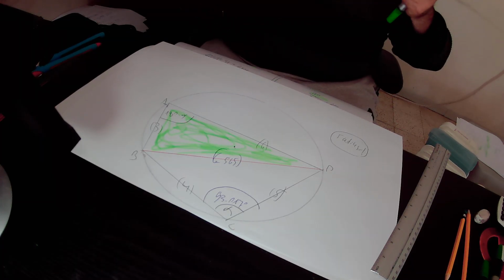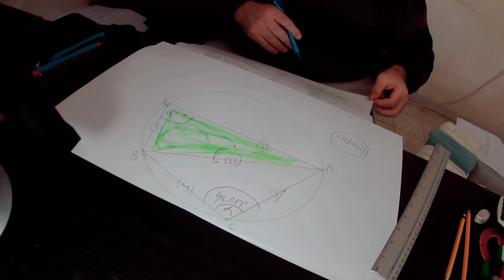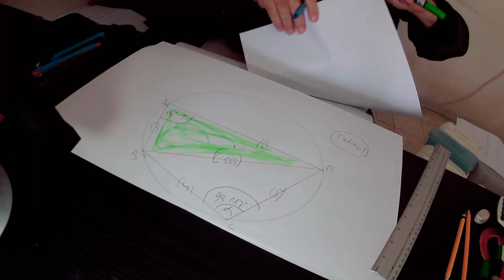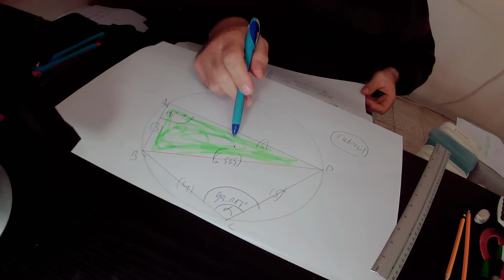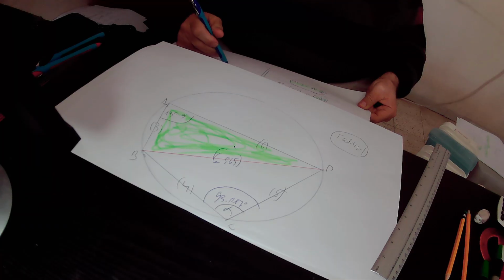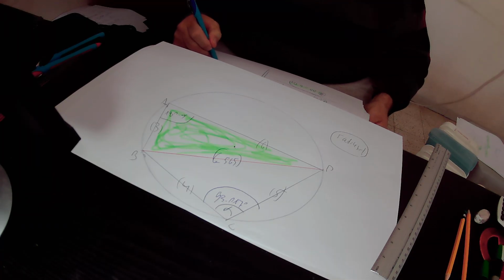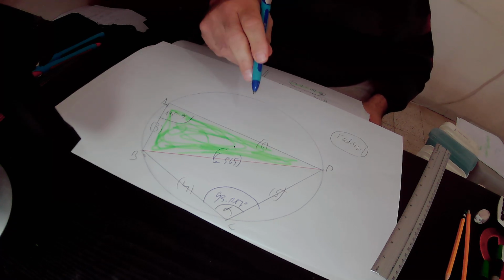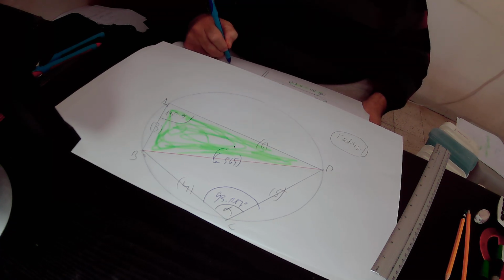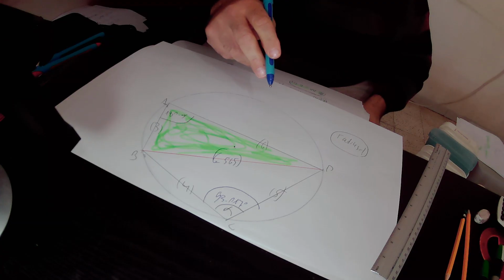R is also the radius that we are looking for in this question. BD equals 6.565 over sine alpha, where alpha is 93.07 degrees.